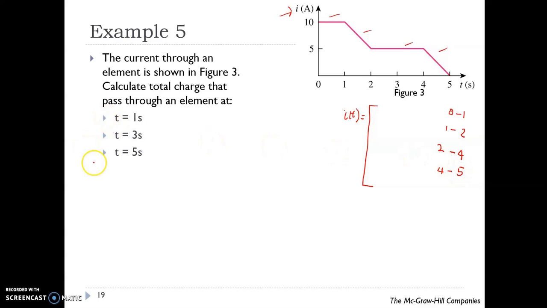Right. Okay, so for the case of line number 1, from 0 until 1, that one is a constant line. From here you can say that I of t is equal to 10 directly. So I can write 10 directly.